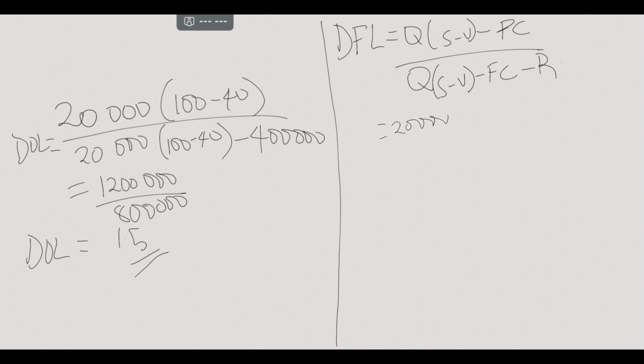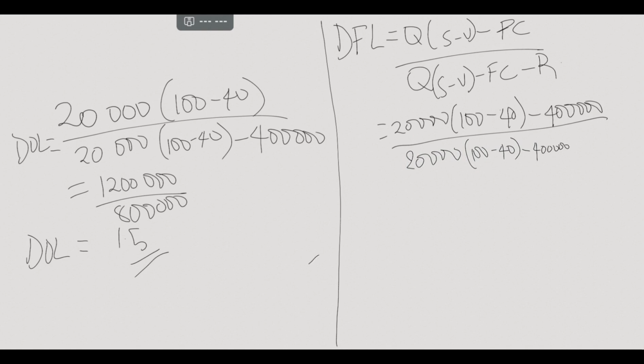It's 20,000 into 100 minus 40 minus 400,000, divided by 20,000 into 100 minus 40 minus 400,000 minus 75,000.